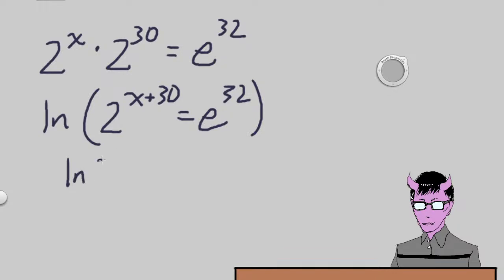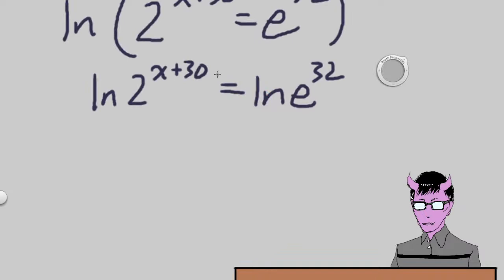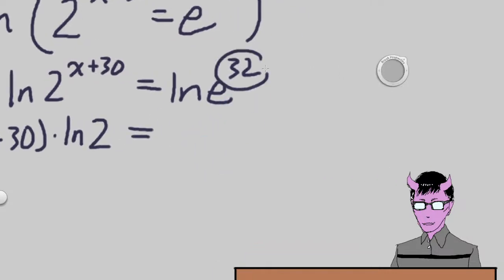So we're gonna get natural log of 2 to the power of x plus 30 on the left hand side, and then to the right hand side, apply the natural log to this thing, e to the power of 32. Alright. Now we can do the exponential slammage rule. Make sure you put the parenthetical, please. Times natural log of 2. As equal to, again, this exponential slammage rule. This should be a familiar friend.